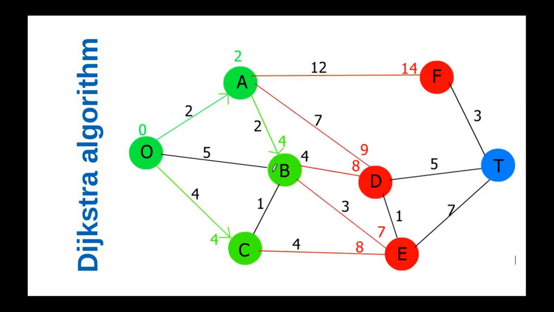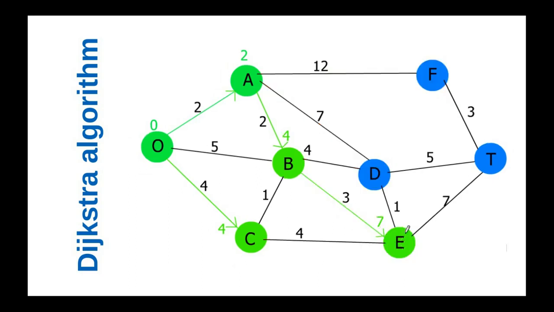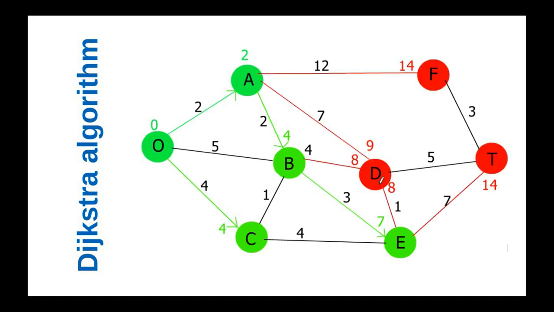So now we reassess all the neighbors, and now, as you can see, the method continues until we reach T. So in this step, we have this 7, so we decide about this 7, this E will be in the list of waypoints, and then the neighbors of A, B, and E, and as you can see, we have a tie in here, 8 and 8, so we can decide to go directly from B to D, or to go from B to D by means of E. It depends, whatever you want.